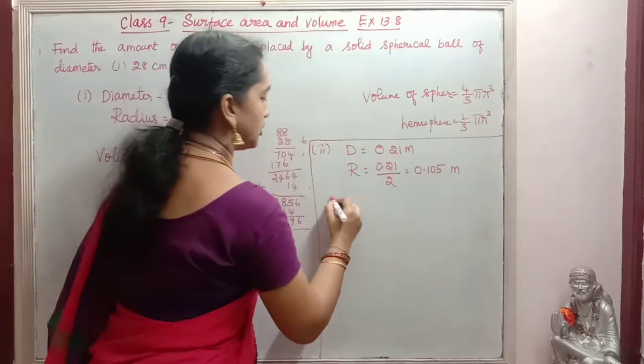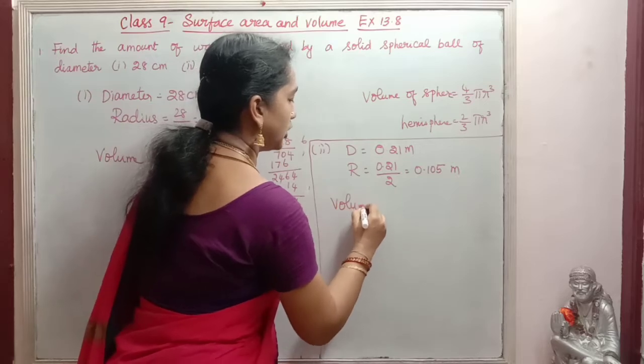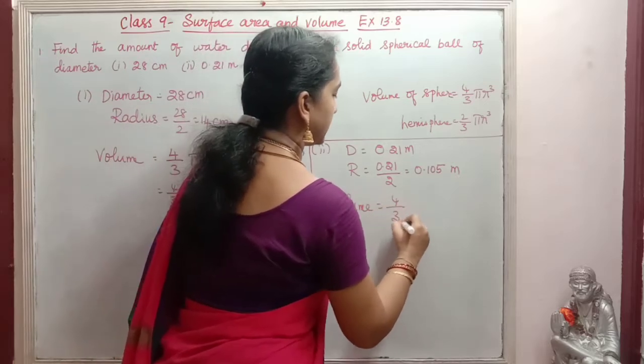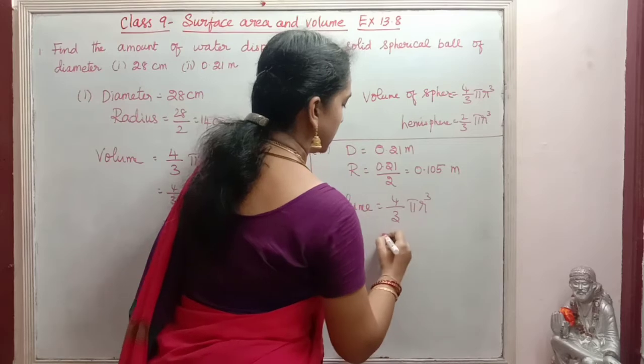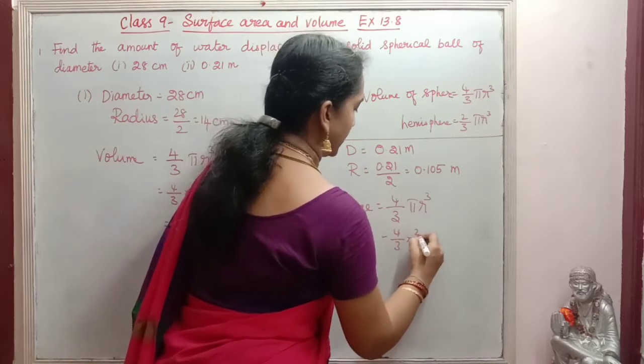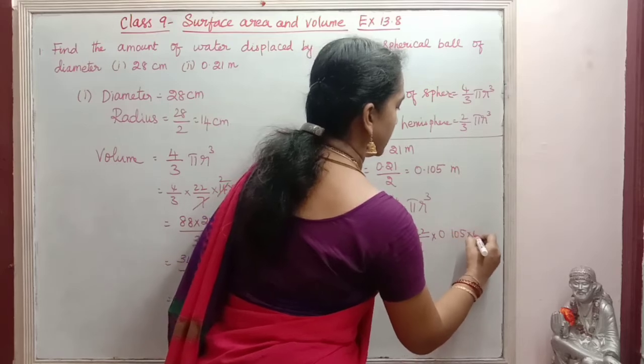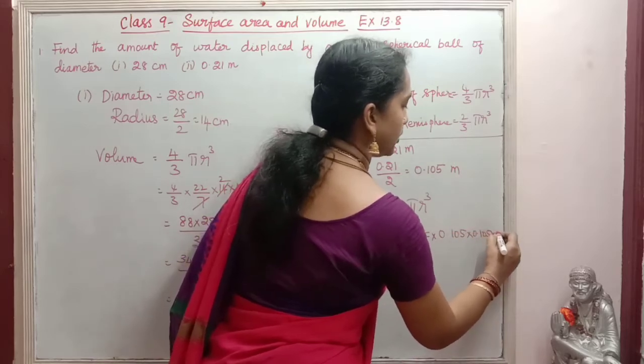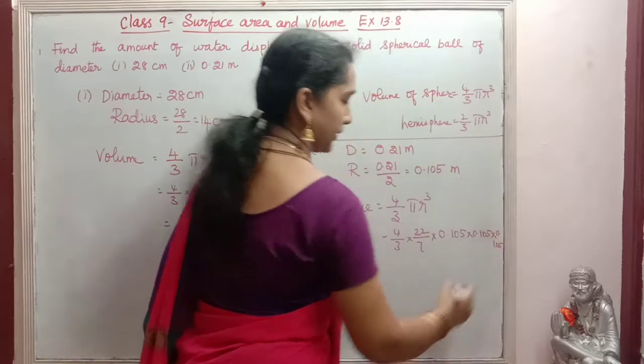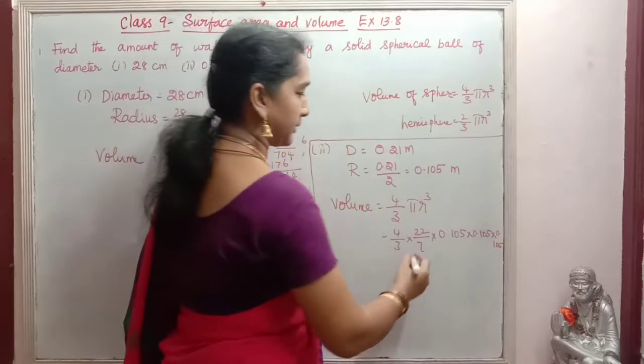So now volume is equal to 4 by 3 pi r cube. So 4 by 3 into 22 by 7 into 0.105 into 0.105 into 0.105. This one we will simplify.